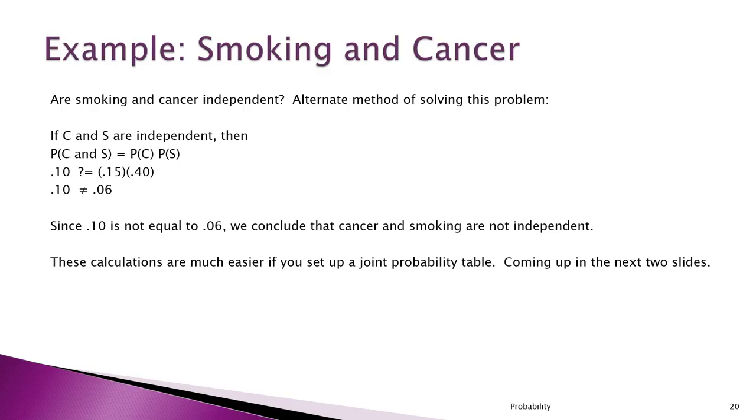Well, the probability of C and S, we know, is 0.10. Is that equal to the probability of C of 0.15 times the probability of S of 0.40? Well, 0.10 is not equal to 0.06 on this planet, so we conclude that cancer and smoking are not independent. In any event, if you want to do this properly, it's always useful to set up a joint probability table, which we'll show you on the next two slides.